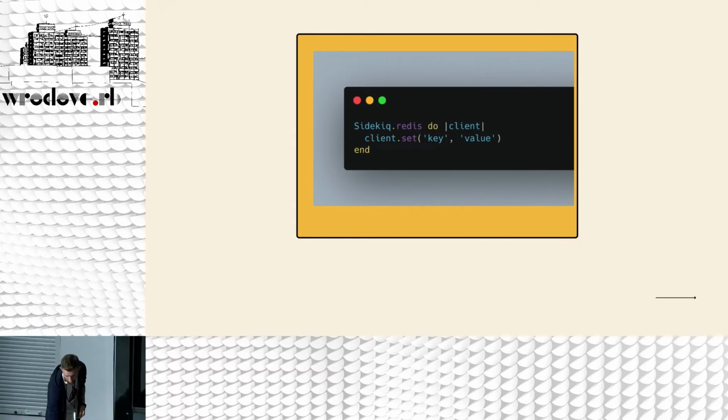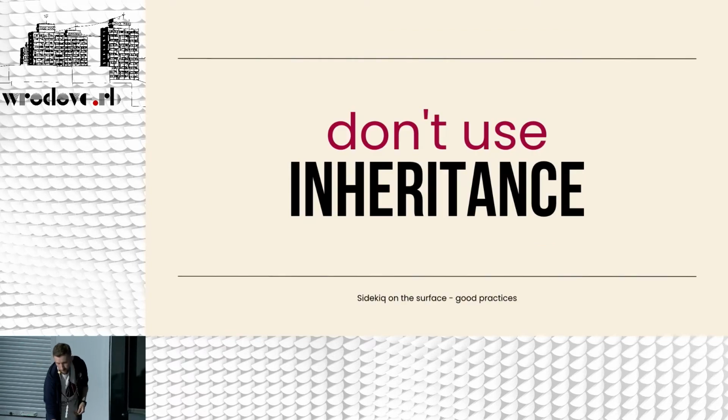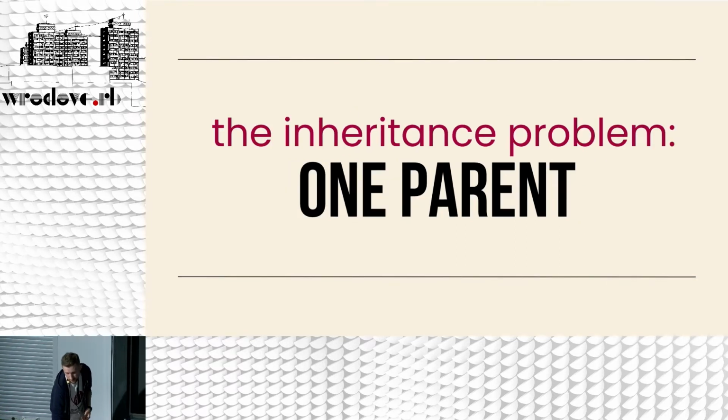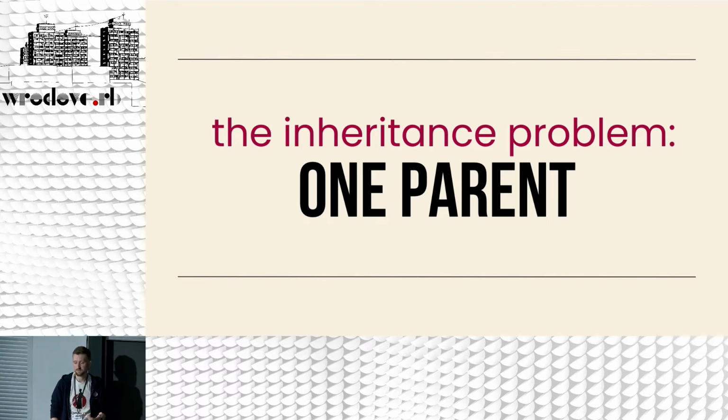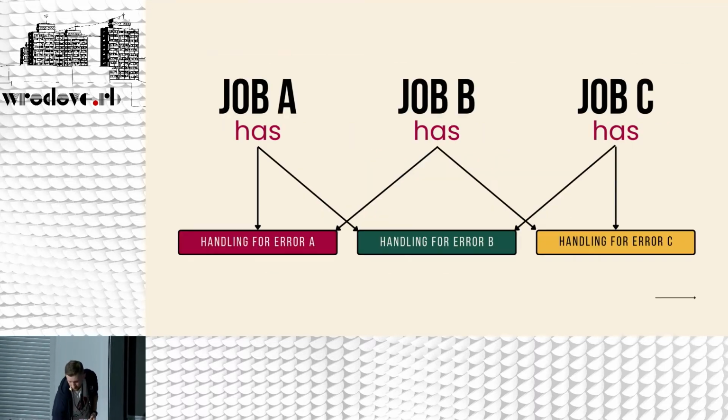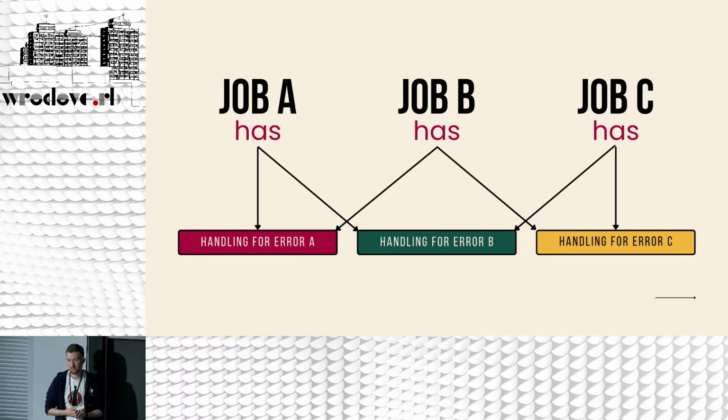The next thing is that in most cases you don't use inheritance when it comes to background jobs, because there is one big problem with inheritance. You can only have one parent. And imagine the case that you have a few jobs. They are quite similar, but they are not the same. They are sharing some common responsibilities.